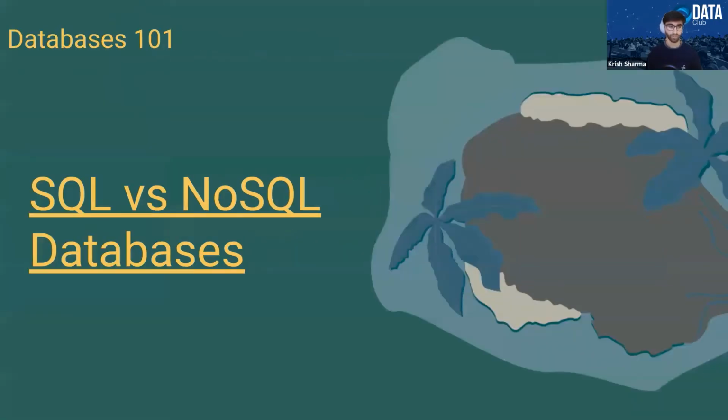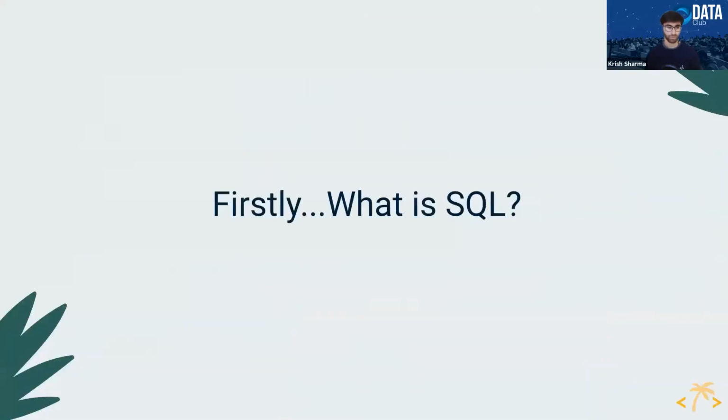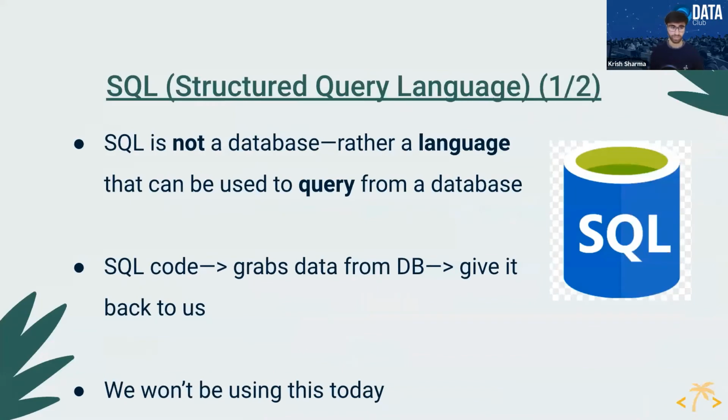So now comparing SQL and NoSQL databases. What is SQL? SQL is not a database itself, but a language that can be used to query from a database. What we do is we write some SQL code, which is referred to as a query, and that grabs the information that we specified from the database and returns it to us.